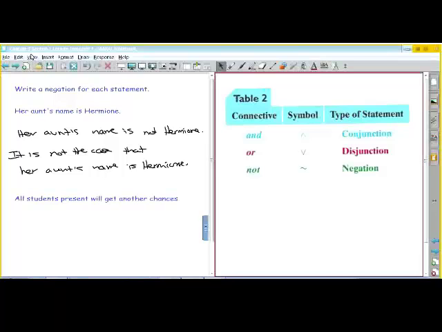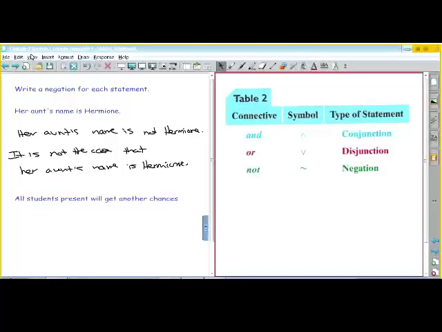In logic, we use and, or, not. For intersection, we use that upside down U-ish thing. Here we use an upside down V, which represents the word and. The V represents the word or. And the little tilde, or squiggly, represents negation, whereas in set theory we have the prime, which represented the complement.